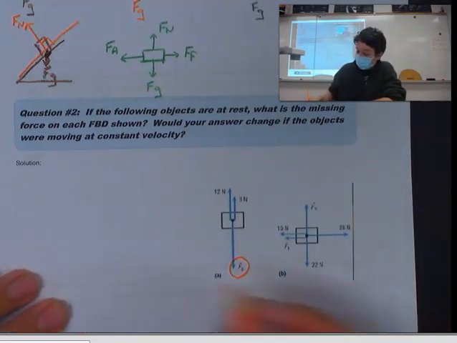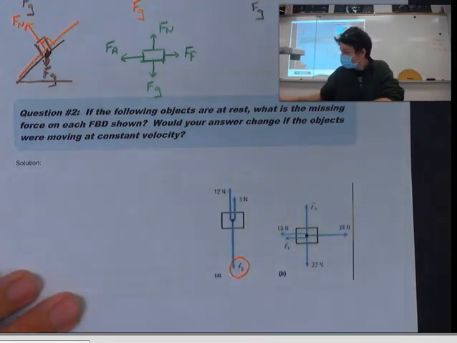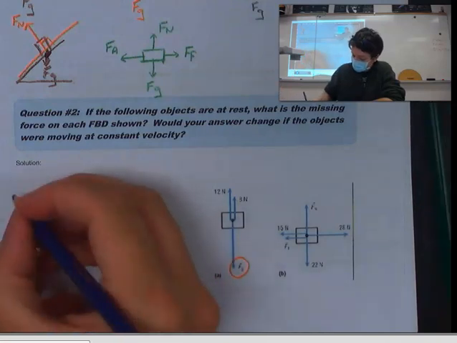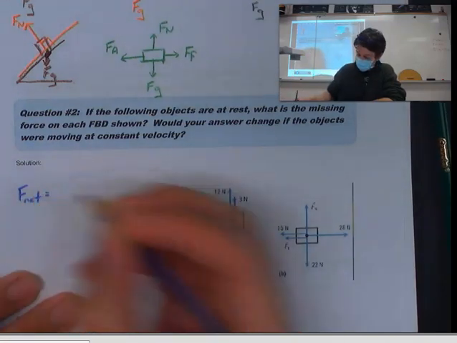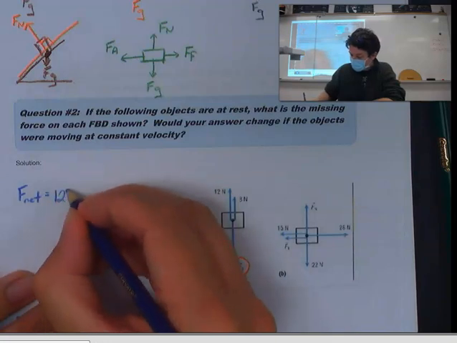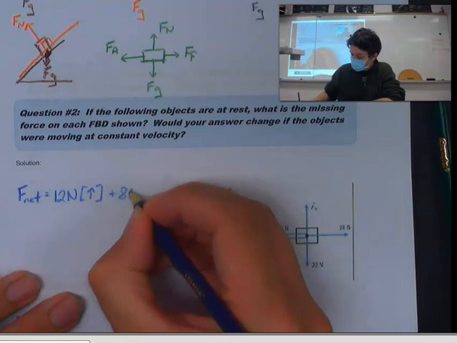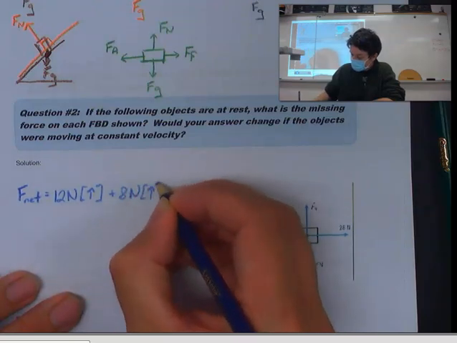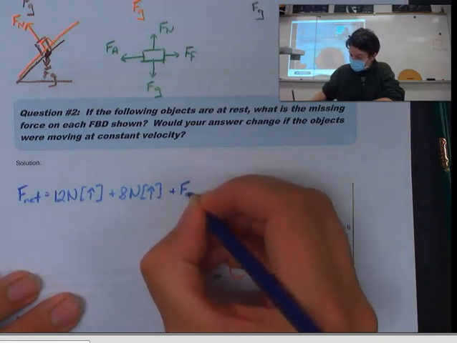Now doing this mathematically, we would write that net force, F net, adding up all the forces, would be 12 newtons up plus 8 newtons up plus whatever gravity is.